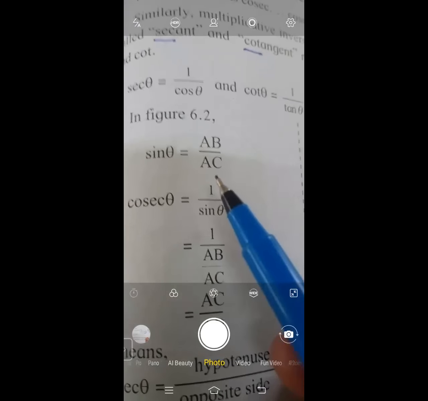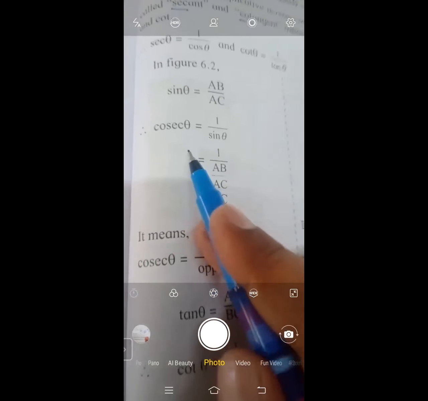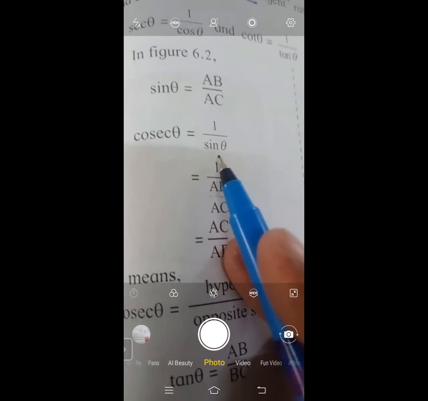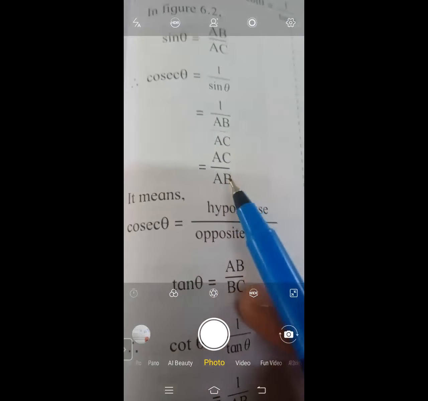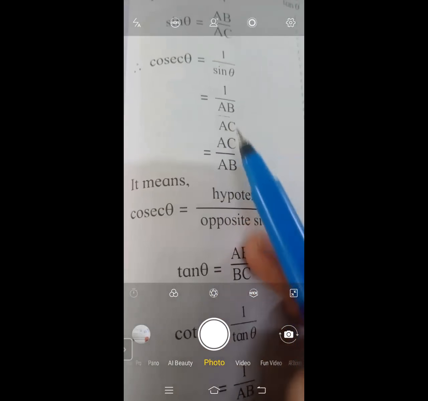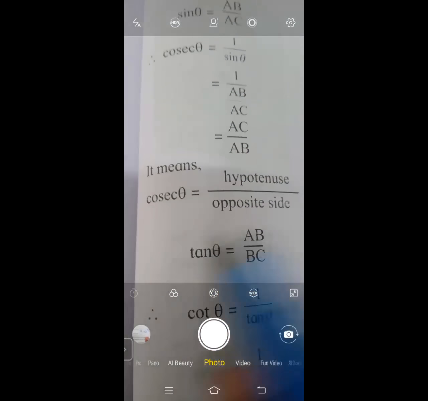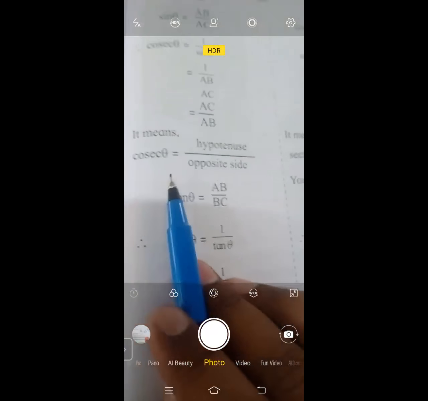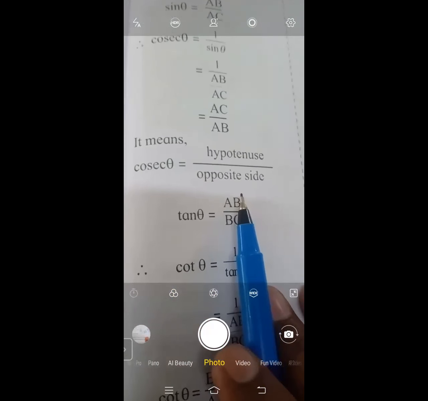So you can see sin theta is equal to AB divided by AC. But what is cosec theta, which is new to us, which is 1 upon sin theta? We are just seeing the proof. So 1 upon AB upon AC; we took the reciprocal of the denominator, which becomes AC upon AB. It means cosec theta is equal to hypotenuse upon opposite side.